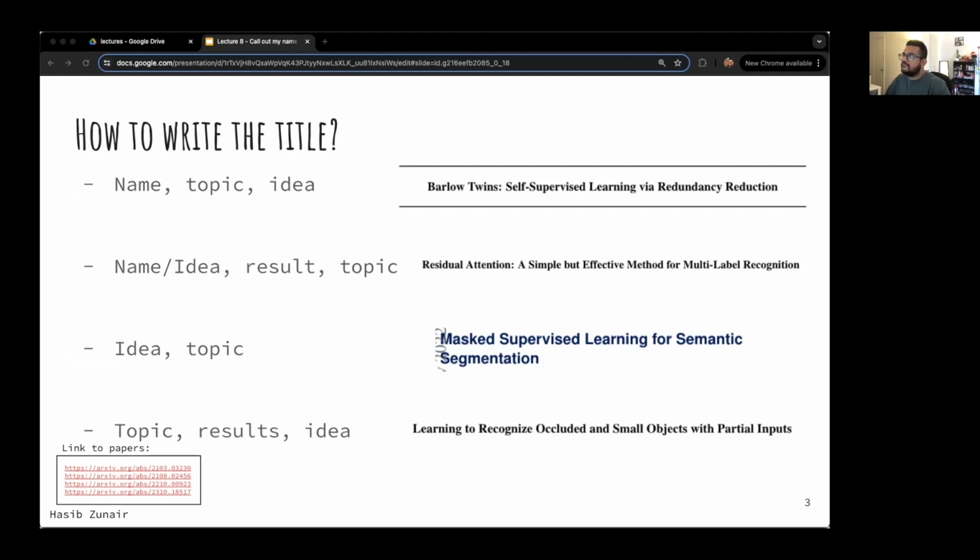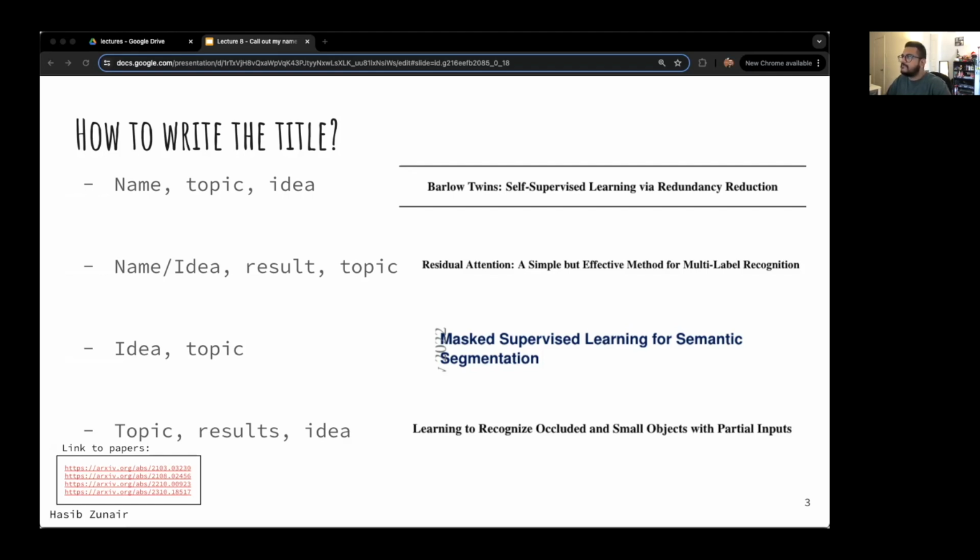The paper starts off with the name or idea of the work. This is followed by the result, where it says a simple but effective method. And finally, it ends with the topic, which is multi-label recognition.